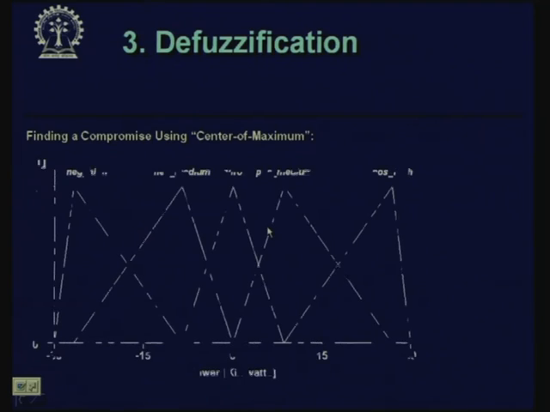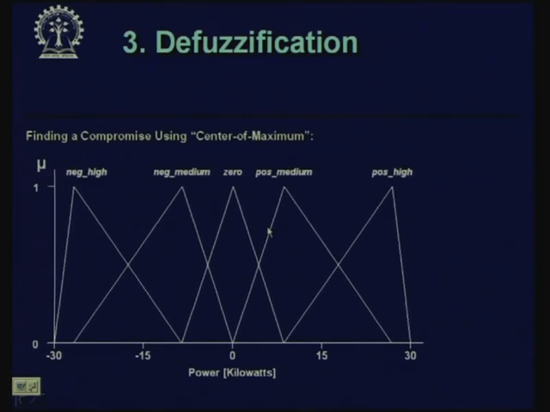Now, with 0.8, what is the power? Positive medium power I have to give, but how would I give that 0.8? So, 0.8 is somewhere here, 0.8 membership is cutting positive medium.